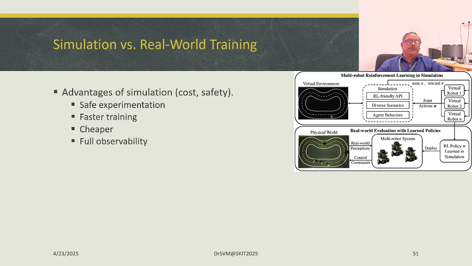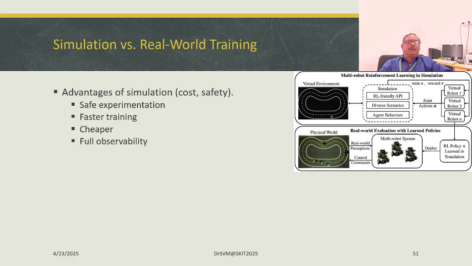For example, if you are working on self-driving vehicles, then instead of experimenting on the real-time road, better work on the virtual environment and make it a simulation and see how the vehicle moves with different obstacles, different situations and all that, and then come out with a policy.